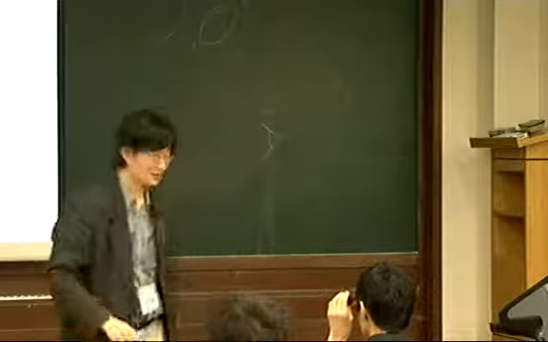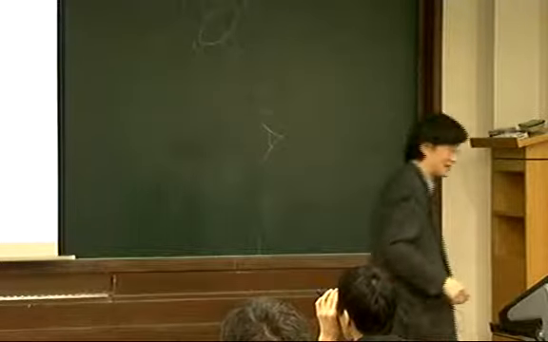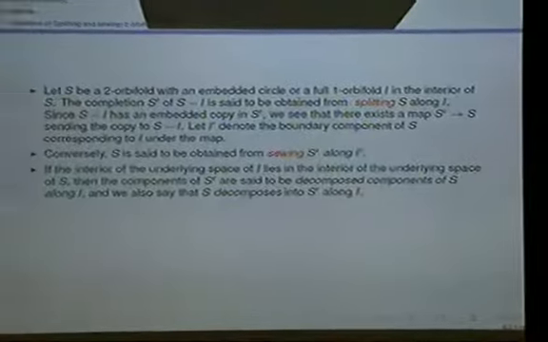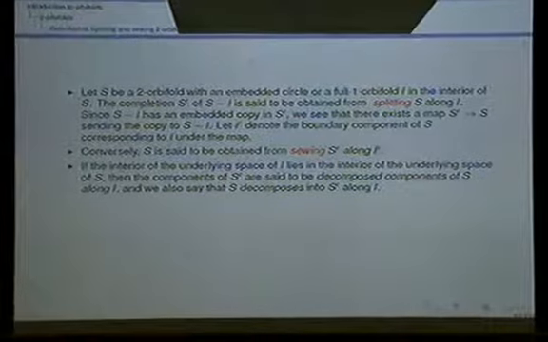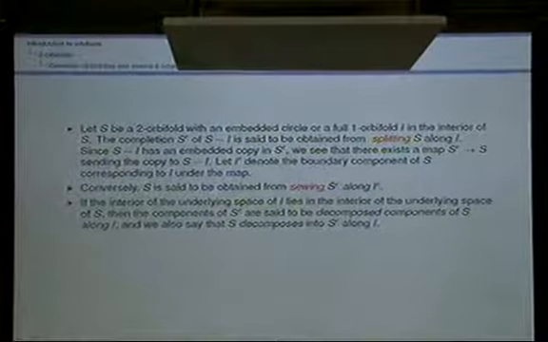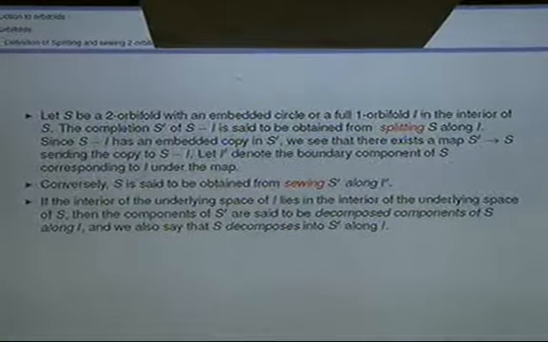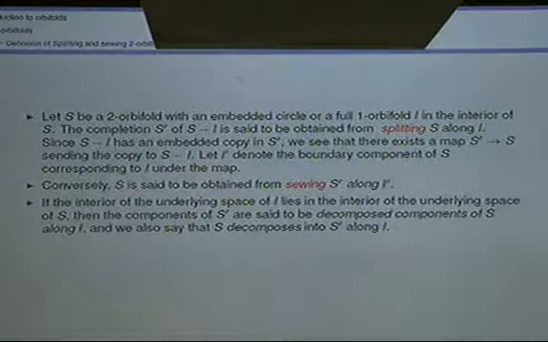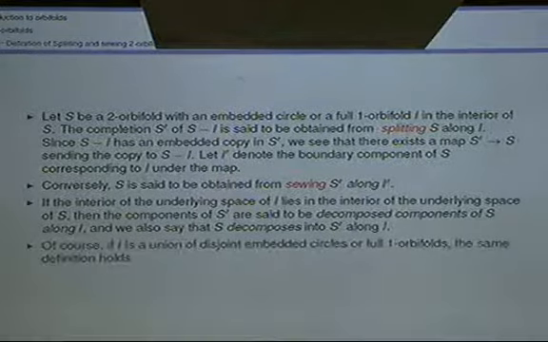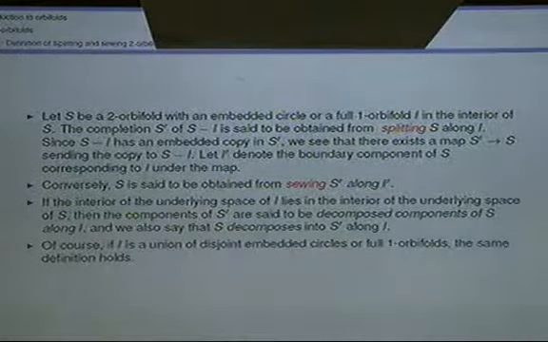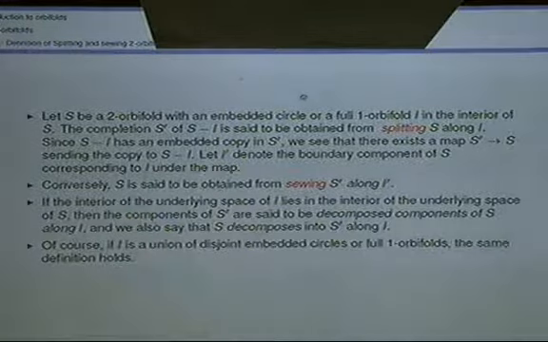And that's called the sewing here. So once you do this kind of splitting, and then you complete this, splitting means you have to complete after cutting. Then you get some kind of decomposed components, so it's called a decomposition. And if it is a disjoint circle and full 1-orbifold, these kind of things will hold.